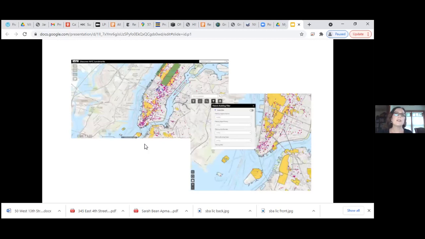So the other thing to use as sort of background information is the designation reports. And through the map that I showed you before on the New York City Landmarks Preservation Commission website, you can access these designation reports. And sometimes, if you are researching a building and perhaps there's a district nearby, you can find out the background of the area.